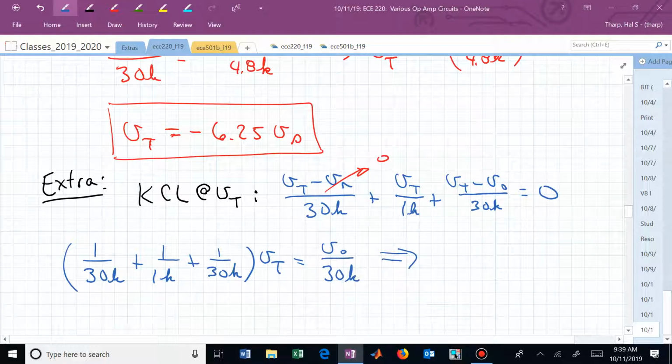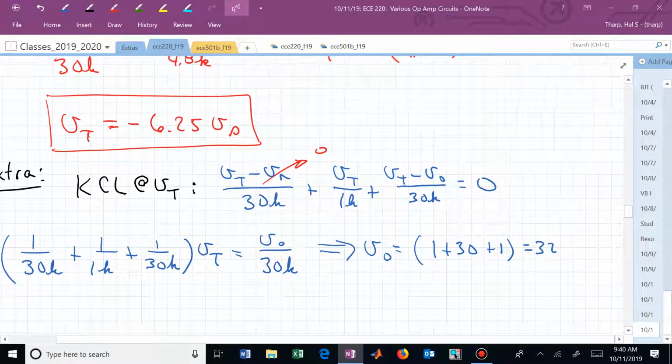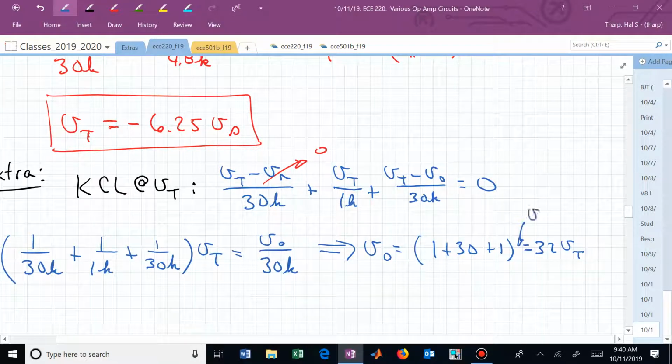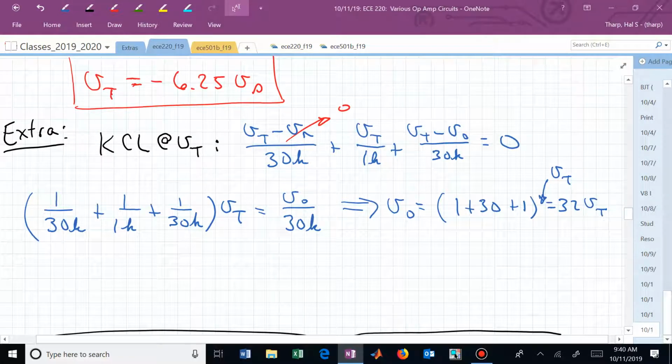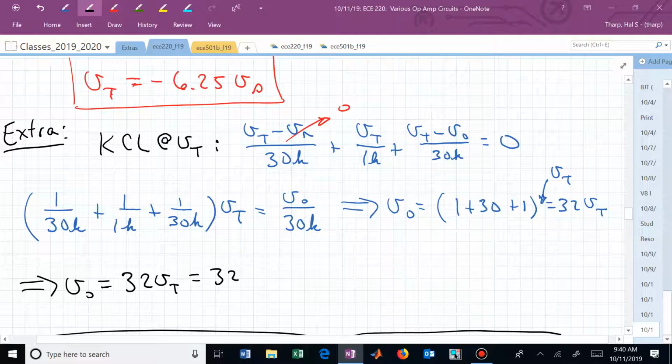If we now multiplied both sides by 30k, we now know that V sub 0, I'm switching sides on V sub 0 and V sub t, that's now 1 plus 30 plus 1, or that's now 32 V sub t. And we just had a formula for V sub t in terms of V sub s, which allows us now to conclude that V sub 0 is 32 V sub t, but that's 32 times minus 6.25 V sub s.